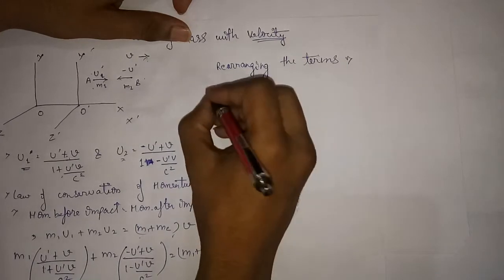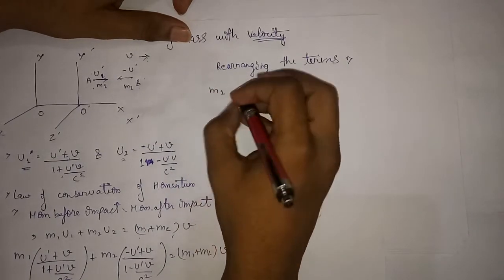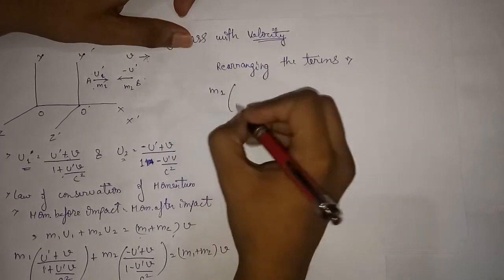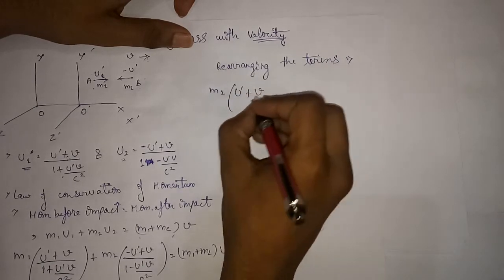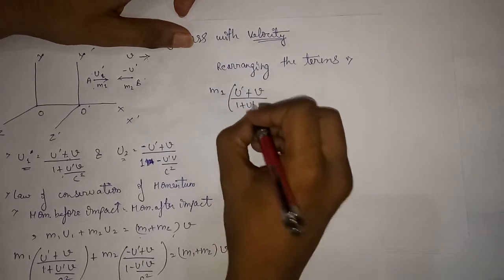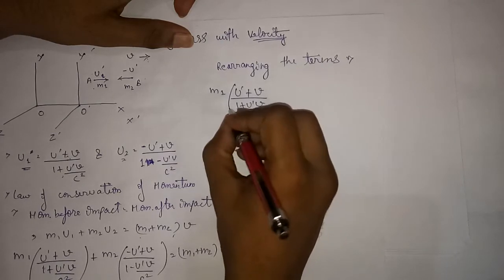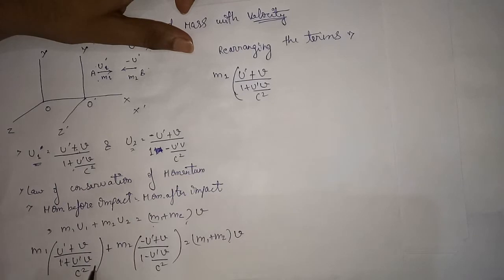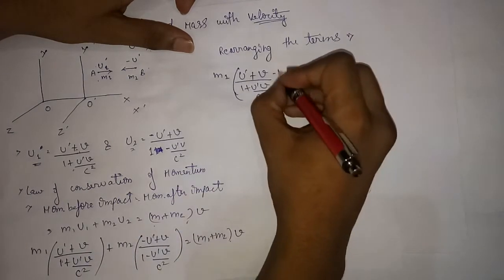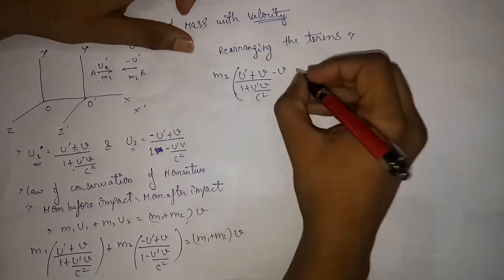we have m1 times u dash plus v upon 1 plus u dash v upon c square. When this term goes to the left hand side, it becomes minus v after taking m1 common, right?